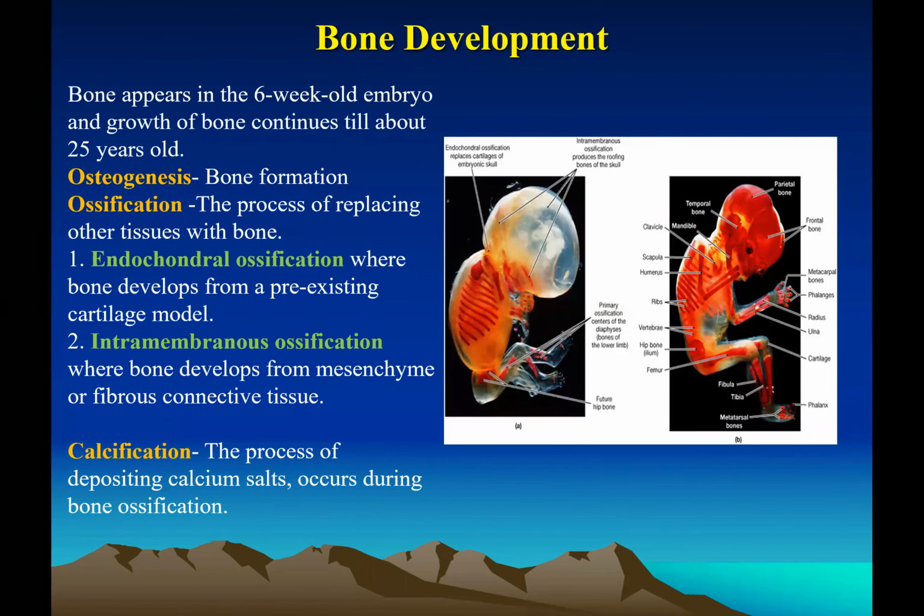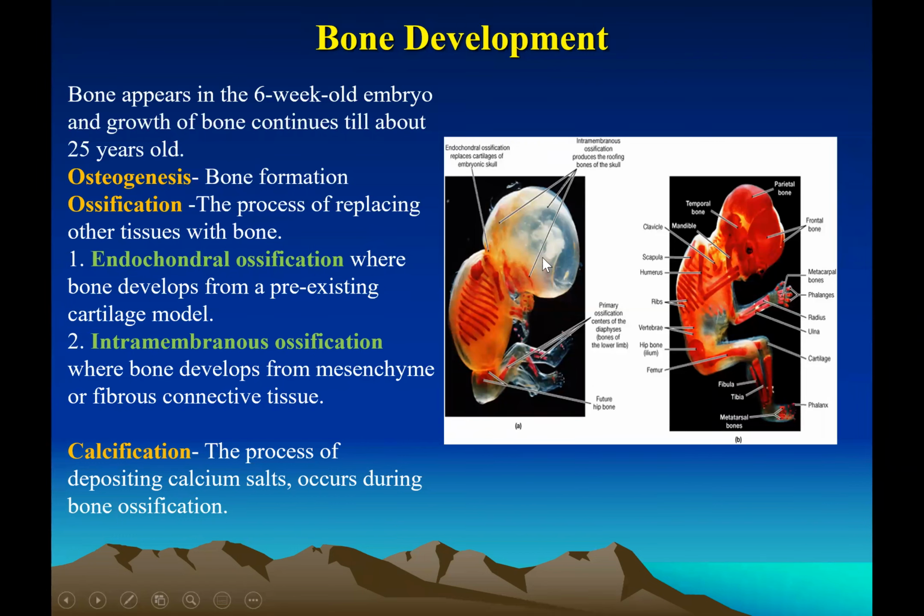How is bone made? If you study fetal development, you can see that when the baby is in the early stages of development, there are not many bones in it. It's hyaline cartilage. And then through different processes of osteogenesis, which is bone formation, and ossification, where one type of tissue is replaced by bone tissue.